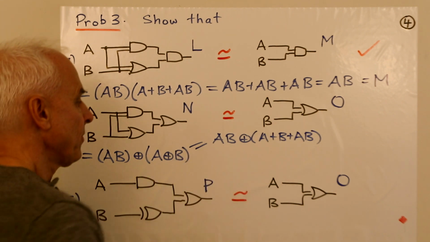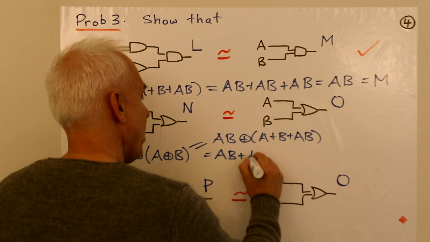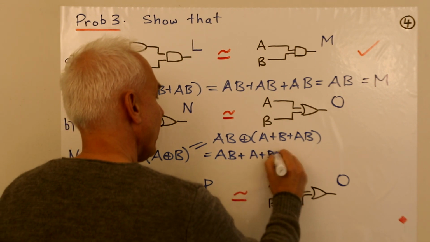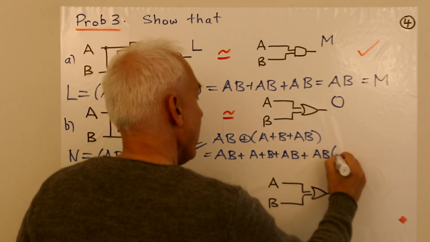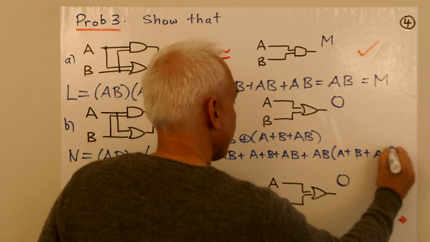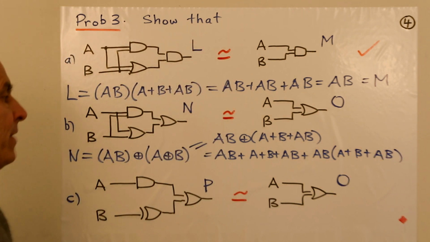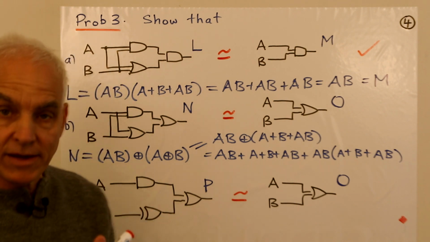Circle sum is the sum of the first one plus the second one, A plus B plus AB, plus the product. So the product of AB with A plus B plus AB. Okay, so there's some cancellations here. What are they? The AB here and the AB here, there's two of them, so they disappear.